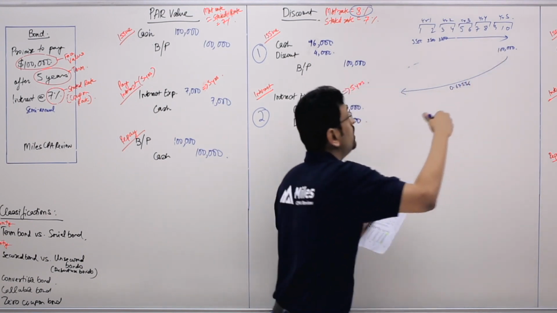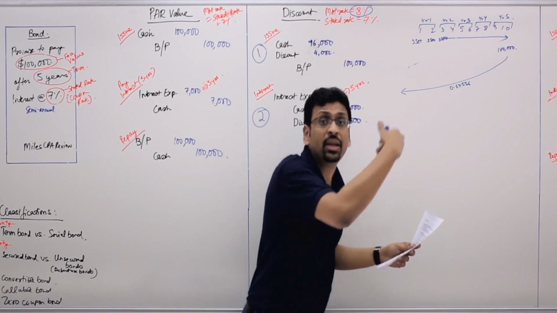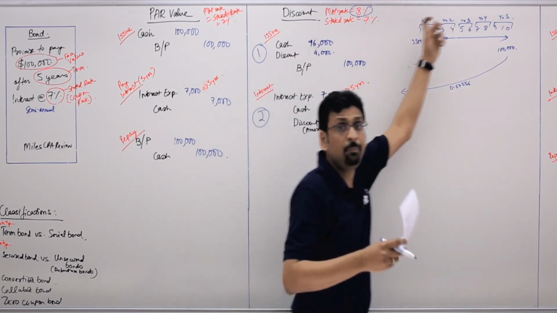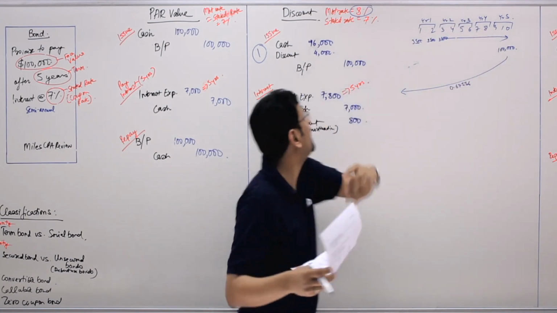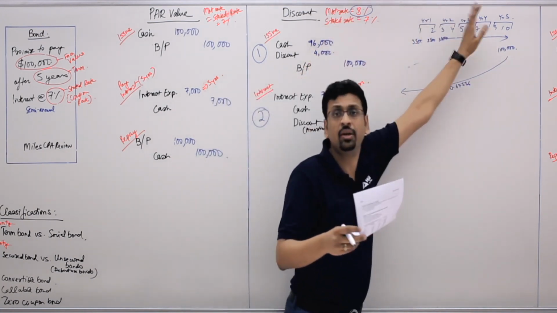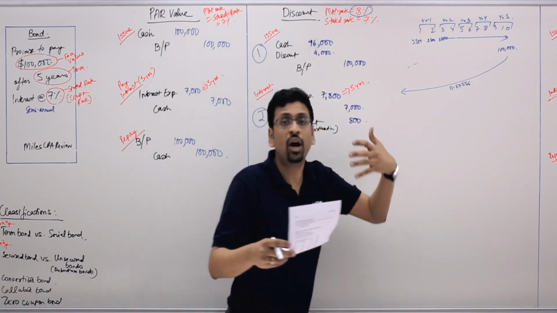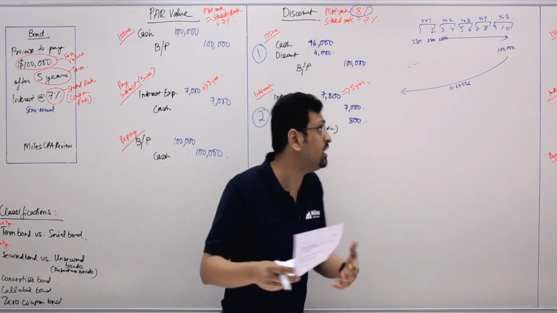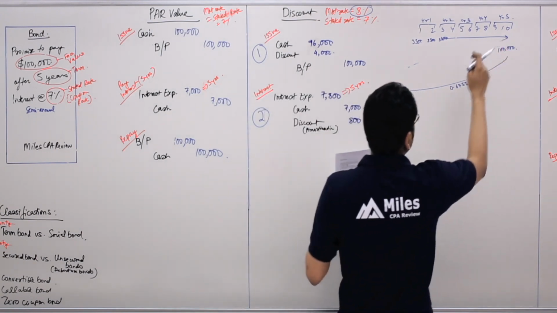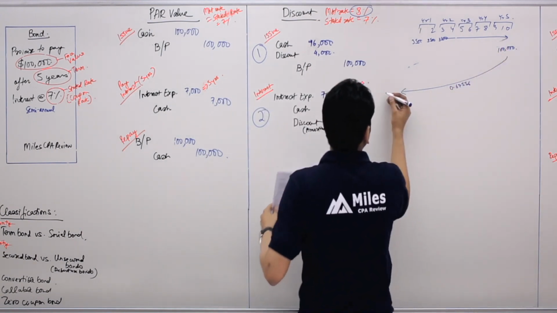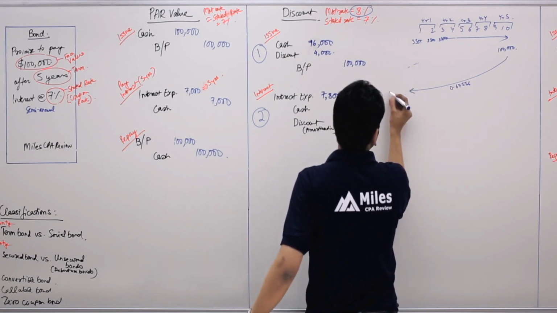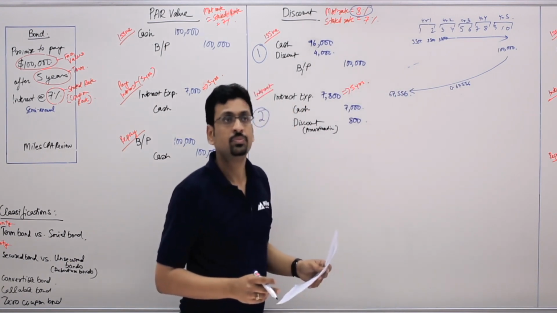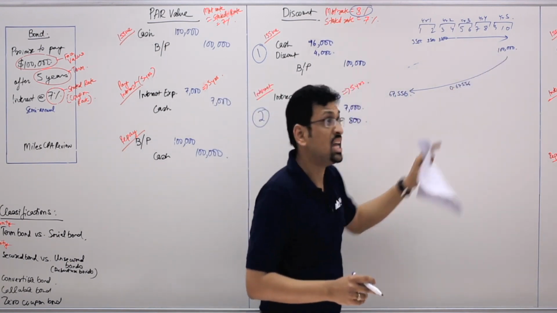So $100,000 after 10 periods at 4% interest rate, that's 8% by 2, so 4% each period. The present value of $100,000 coming in after 10 periods at 4% is $100,000 into 0.67556, which gives us 67,556. So we've calculated the present value of this cash flow.